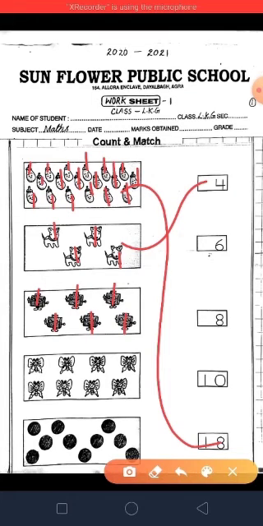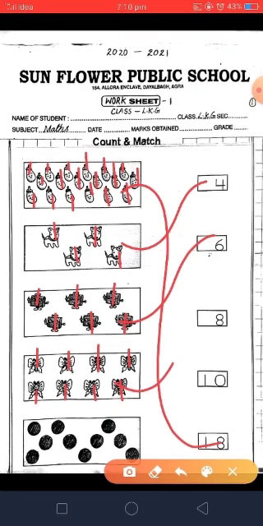There are 6 bags in this box. Match with number 6. 1, 2, 3, 4, 5, 6, 7, 8. There are 8 butterflies in this box.